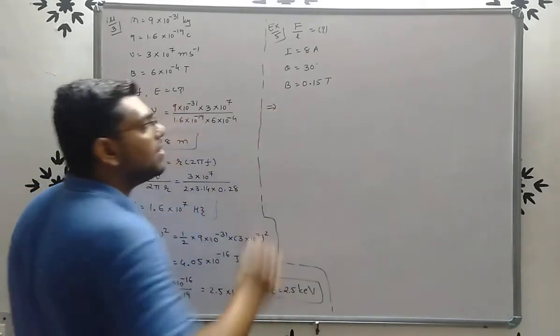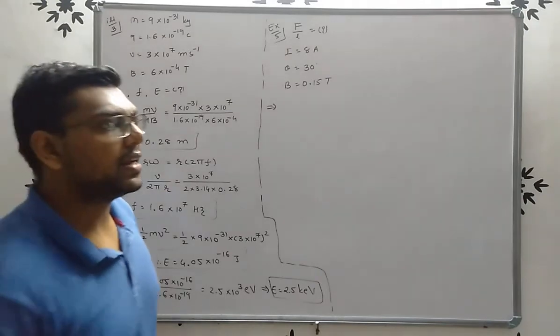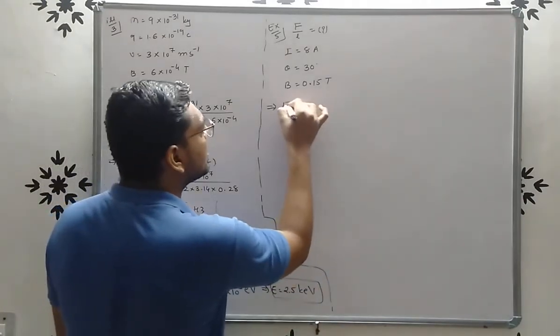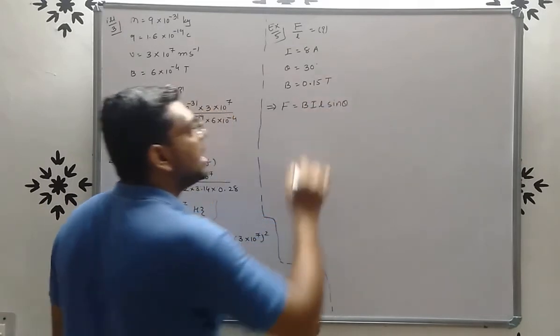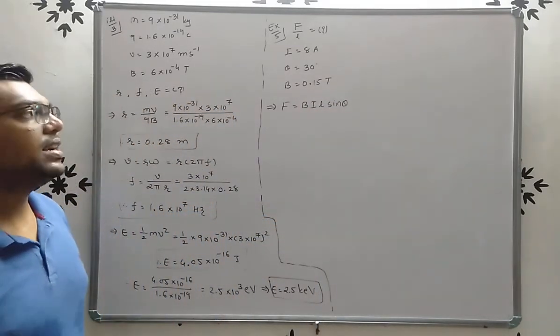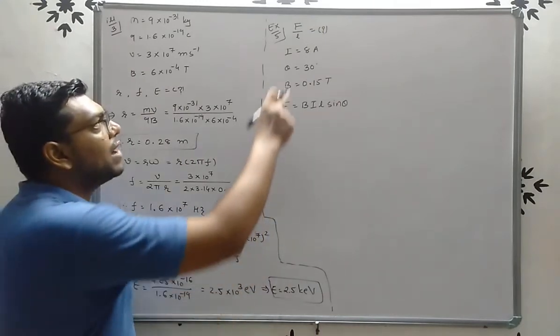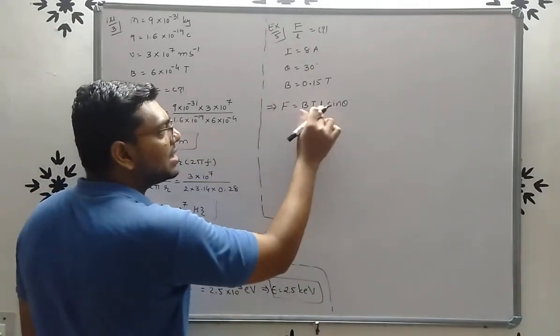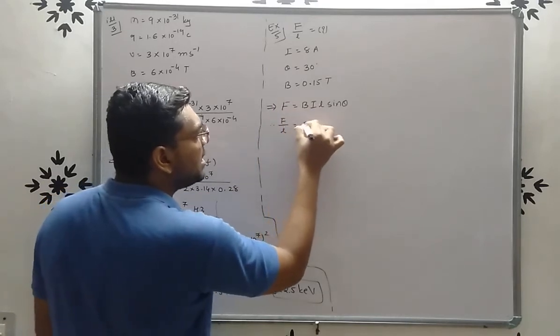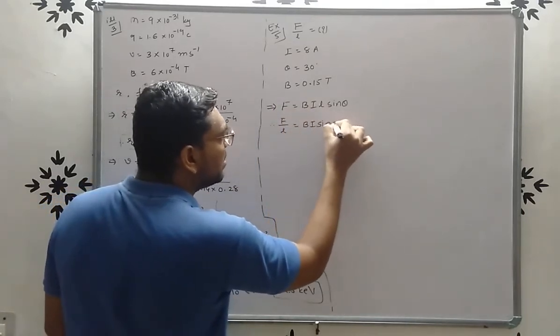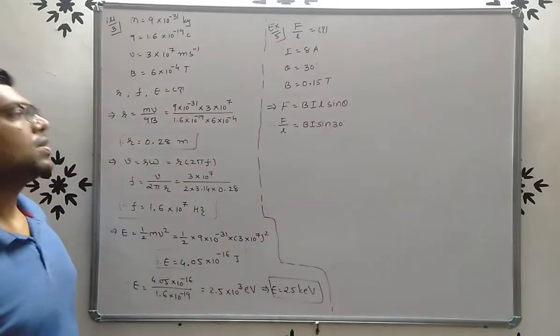So we know that if there is a current carrying conductor, then the equation of force is F = BIL sin theta, right? We have to find out F by L, so here we take this L to the left hand side. So F by L is equal to BI sin 30.